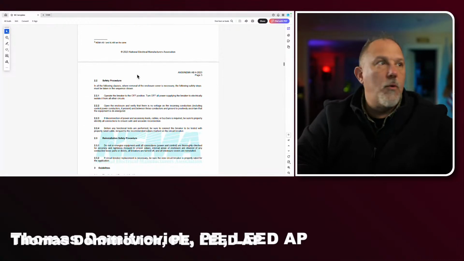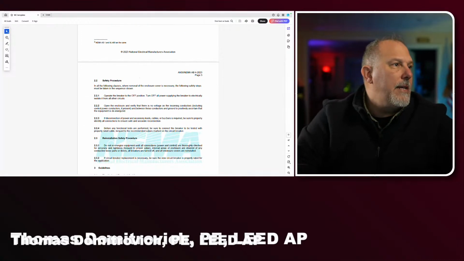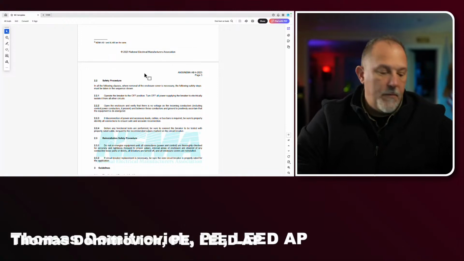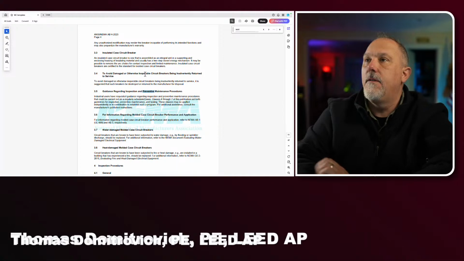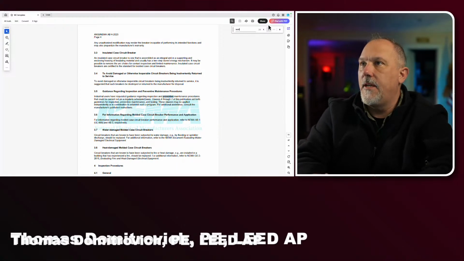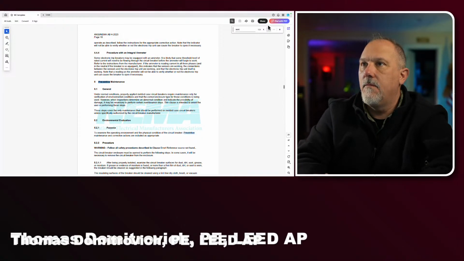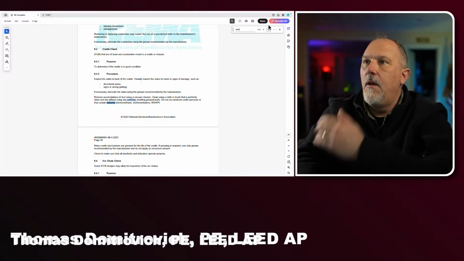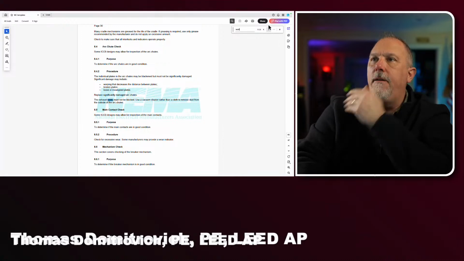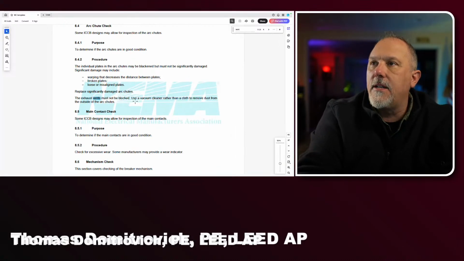Let me search for, what was the question? He said vent ports. Now, Control F, vent. Oh boy, that was a mistake. The exhaust vents must not be blocked.